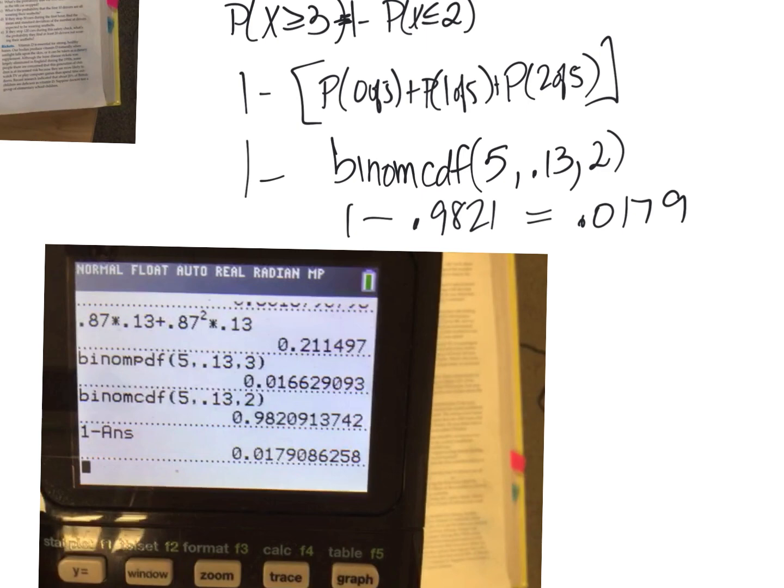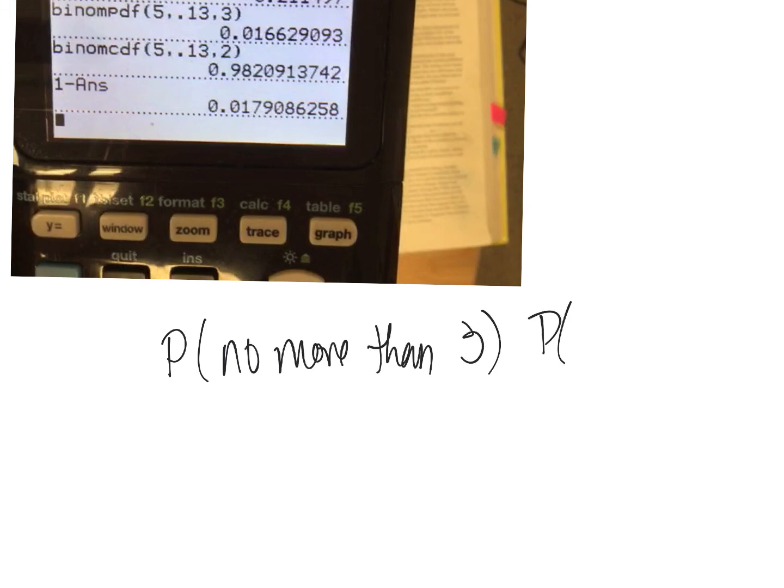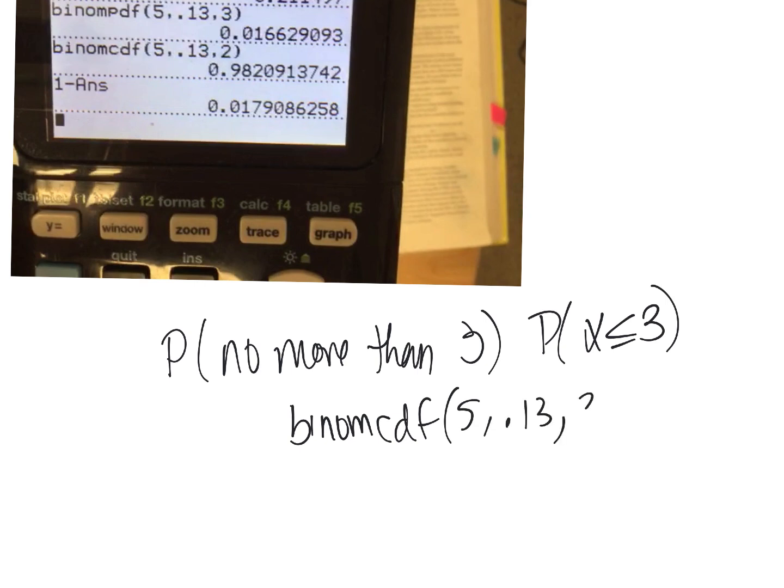And then F says no more than 3 lefties. So that's the probability that X is less than or equal to 3, right? No more than 3 means 0, 1, 2, or 3 in the group of 5, correct? So this is your binomCDF 5, 0.13, comma 3.